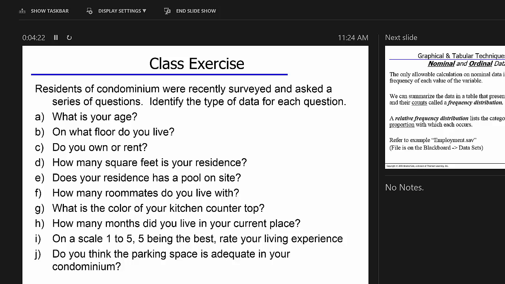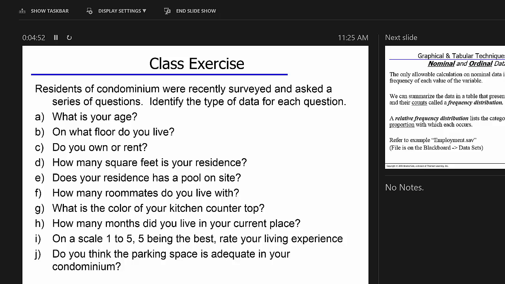I'm going to start calling on people because you guys are so shy. Interval, probably interval. Yep. What's the color of your kitchen countertop? Nominal, right? Different colors, you can't really arrange colors. What's the best color? Well, there is no such thing. How many months did you live in your current place? Interval, definitely interval, because that's time. We can measure time in terms of months.